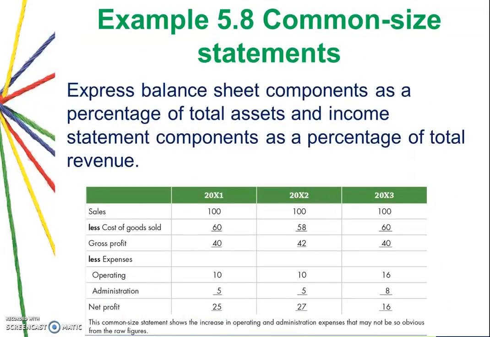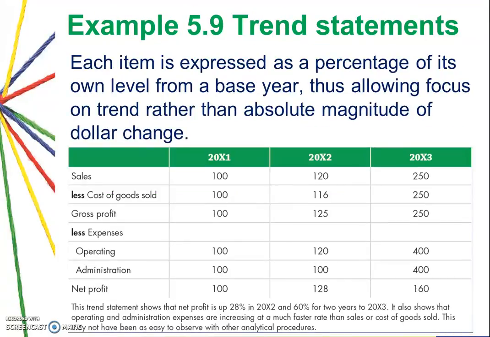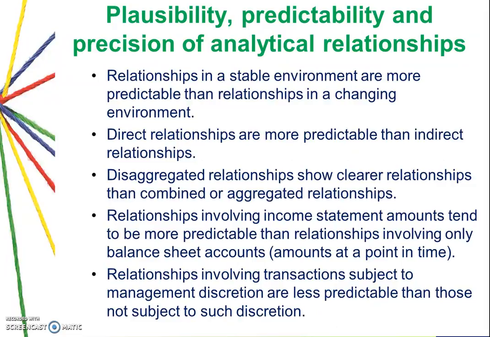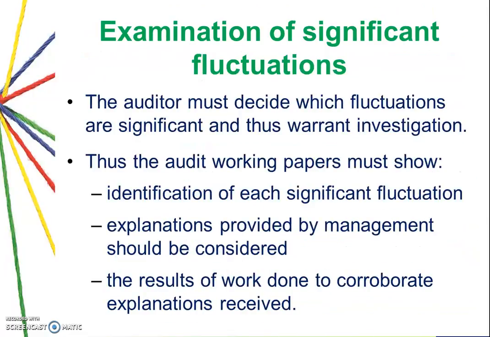Right, so in example 5.8, we look at the common size statement. We look at the trend statement in example 5.9. The most important thing to focus on here is the reliability of the data used in analytical procedures. The auditor needs to make sure they pick reliable data, otherwise their analysis doesn't mean much.